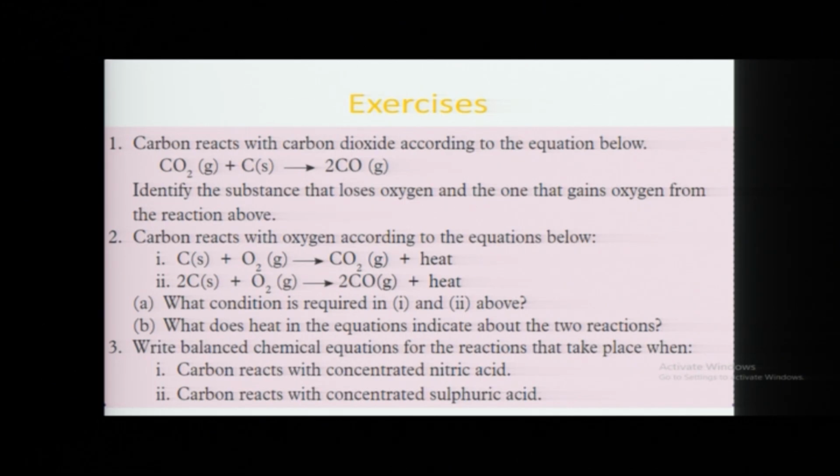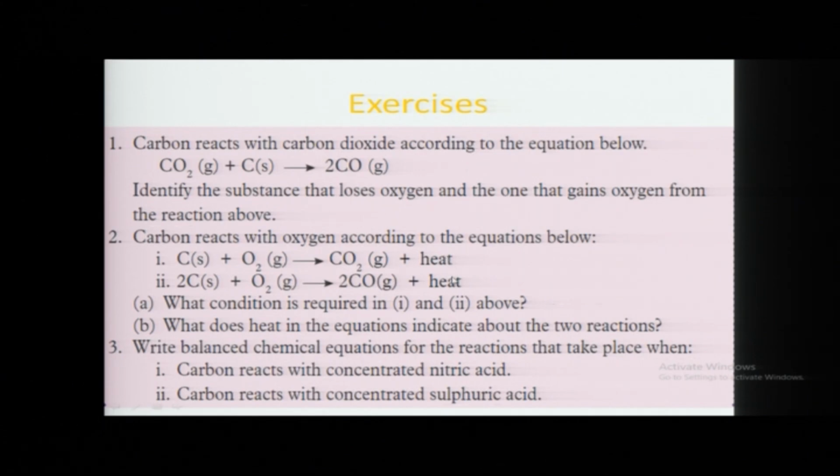We form carbon dioxide plus heat. But when there is limited oxygen, carbon plus limited oxygen, sometimes we put half here, half oxygen, to form carbon monoxide plus heat, because it is an exothermic reaction. Remember that, whenever you see this heat here, some heat is given off.